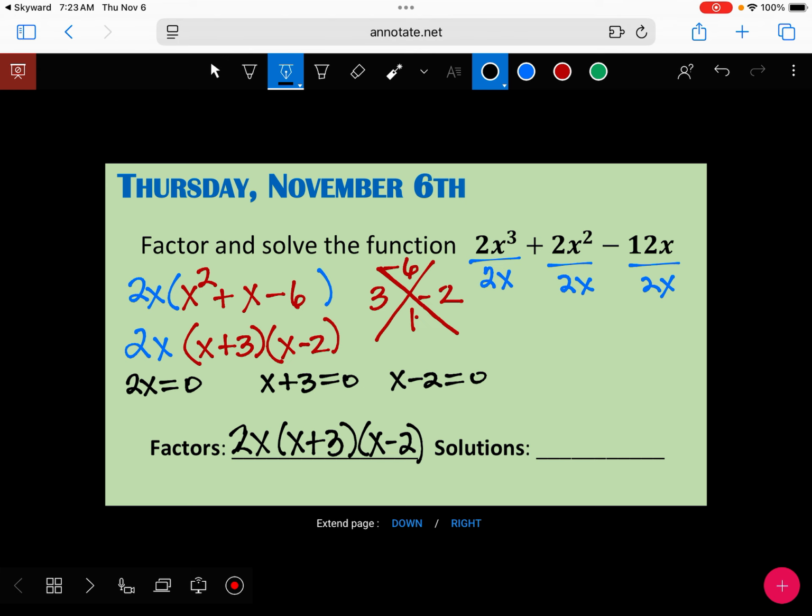So for the first equation, we're just going to divide both sides by 2. So then if you do that, you just get x equals 0. For our second equation, we have to subtract 3. And that's going to give us x equals -3.